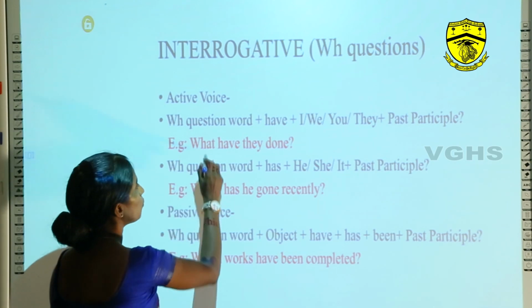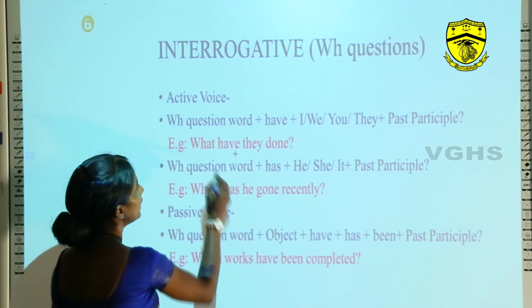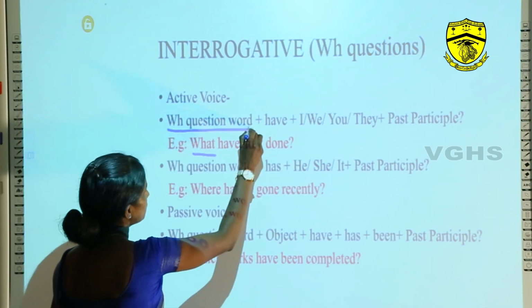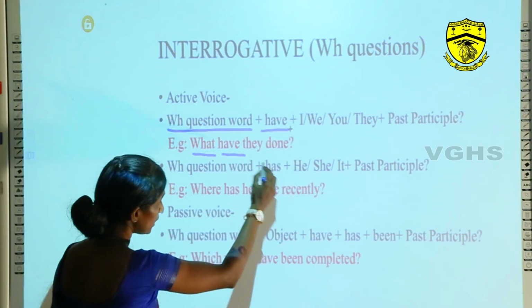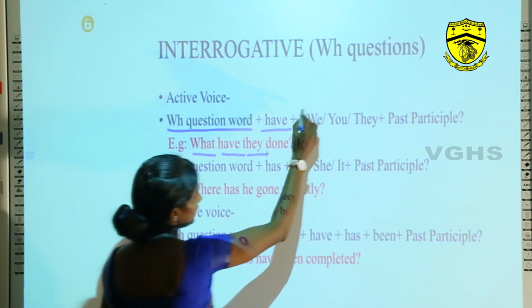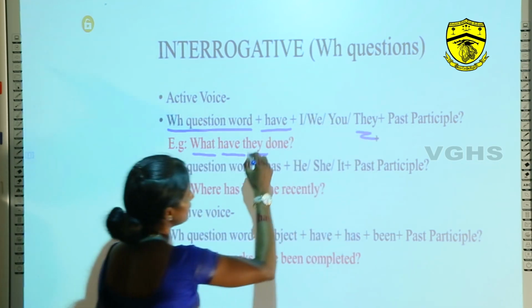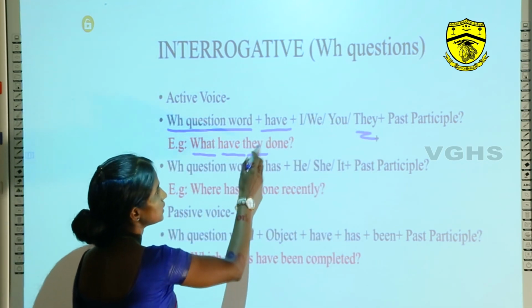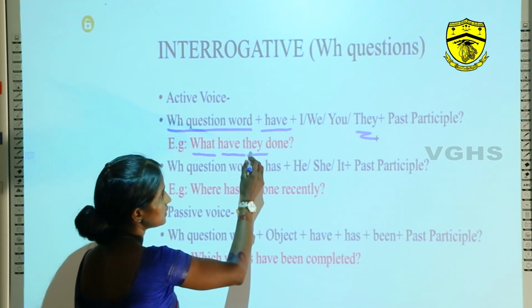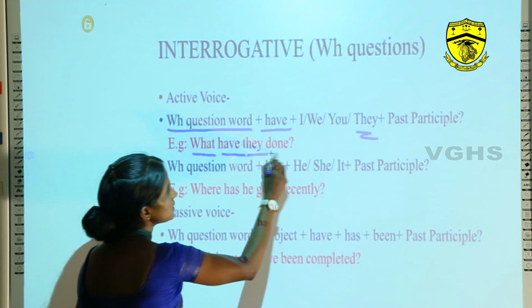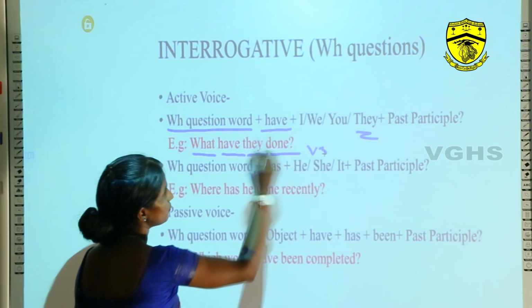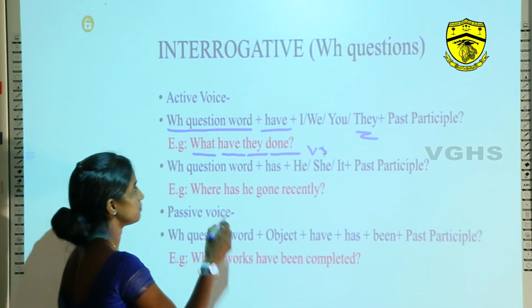For example, what have they done? Here what is the WH question word, and they is a plural subject, so we put have. Done is the third form of the verb, the past participle.